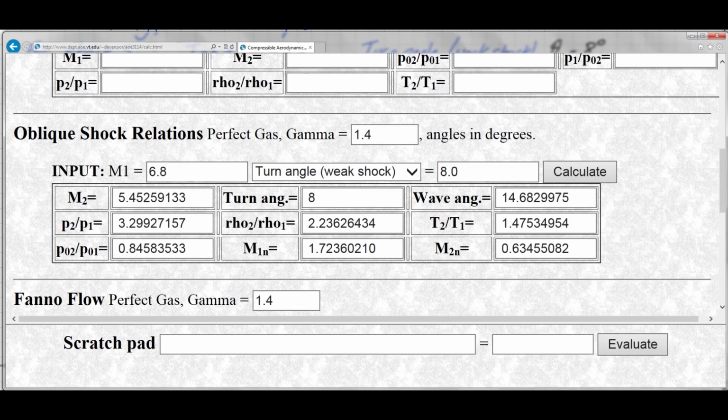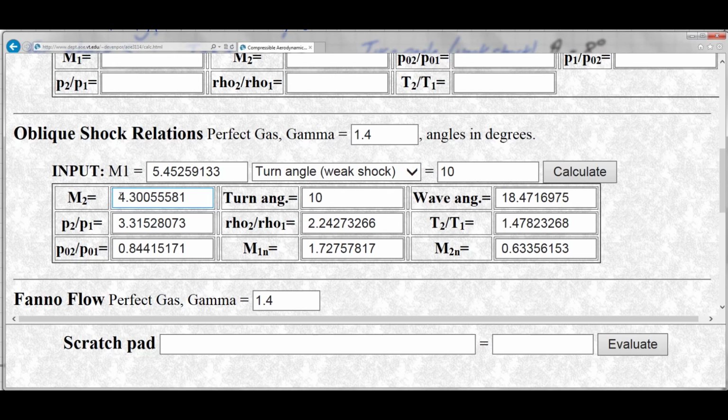So we'll bring back up our aerodynamic calculator. And now the Mach number of the flow upstream of the second shock wave is going to be the Mach number downstream of the first, so we can just insert that here. Our turning angle, we've said, is going to be 10 degrees. So we can calculate what happens across the second shock.